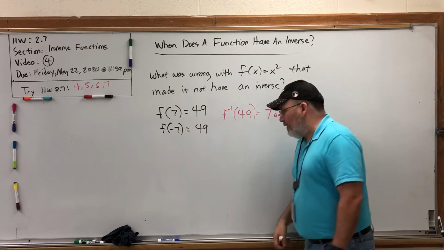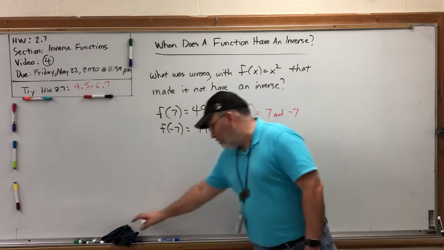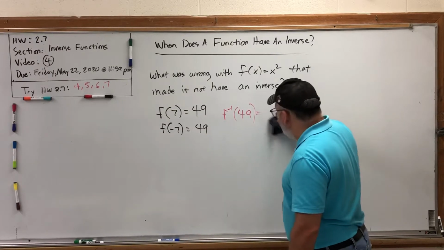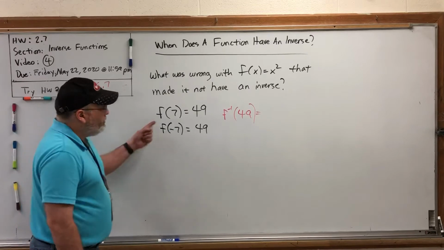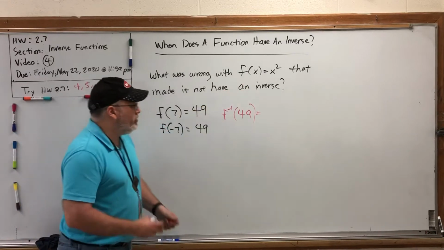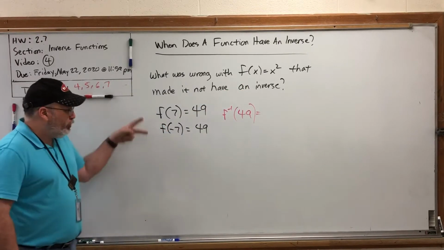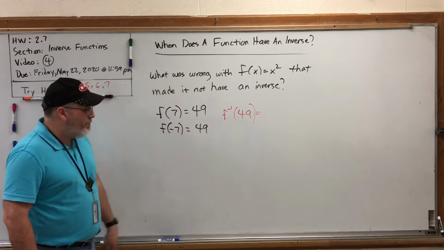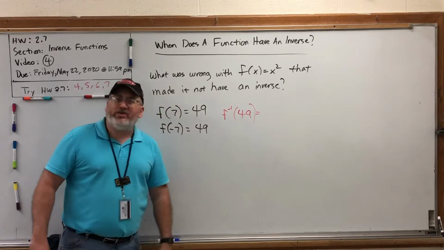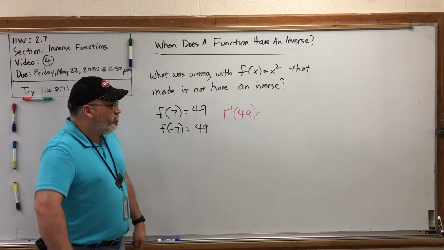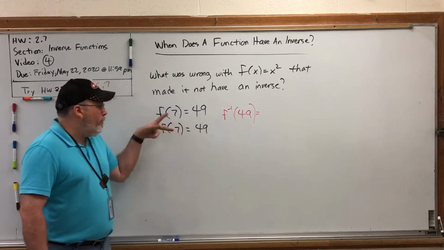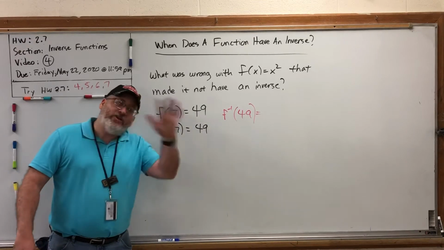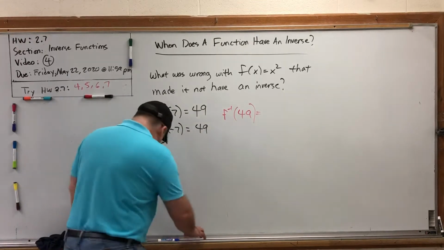Remember, each x is paired up with only one y in a function. So we run into a problem here because the function that we were trying to find an inverse of took two different inputs and turned them into the same output. So there's no inverse function that could possibly take that output and turn it back into both 7 and negative 7 at the same time.